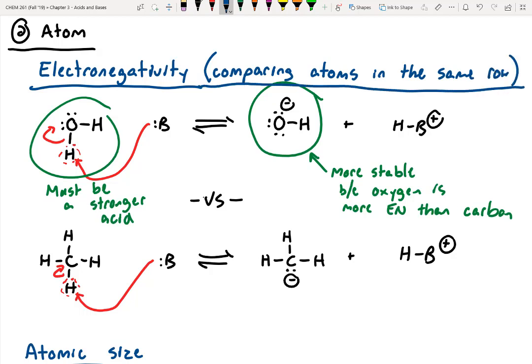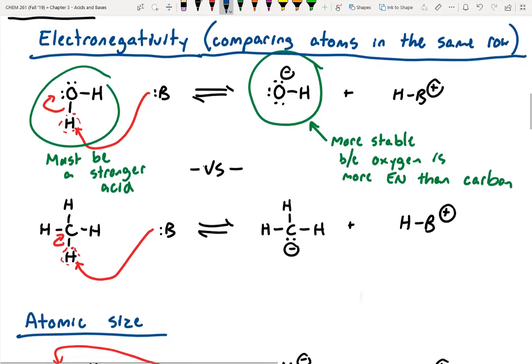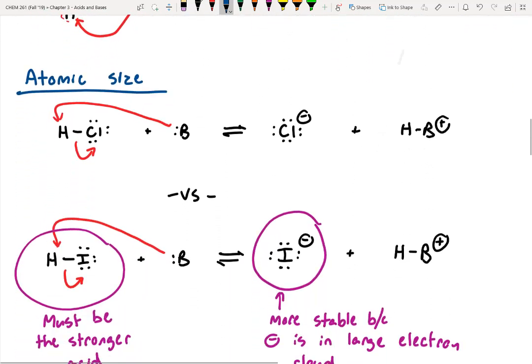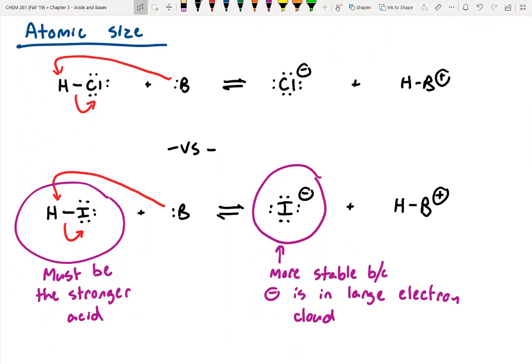So not too bad. We saw that oxygen and carbon are in the same row. If we look at atomic size, chlorine and iodine aren't in the same row, but rather in the same column. So this is when we compare atoms in the same column.